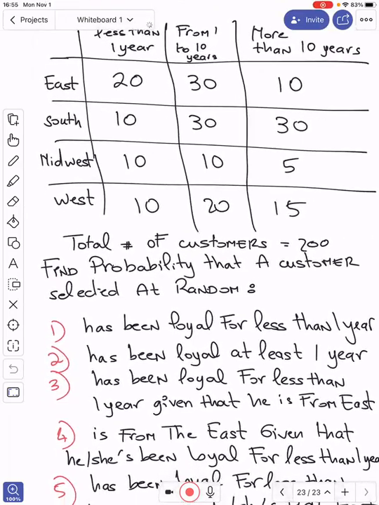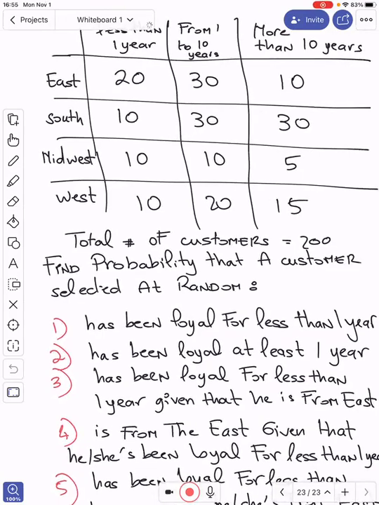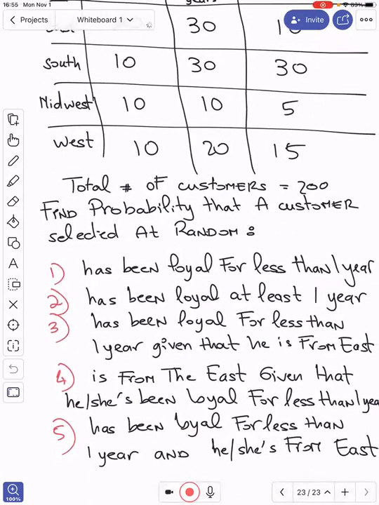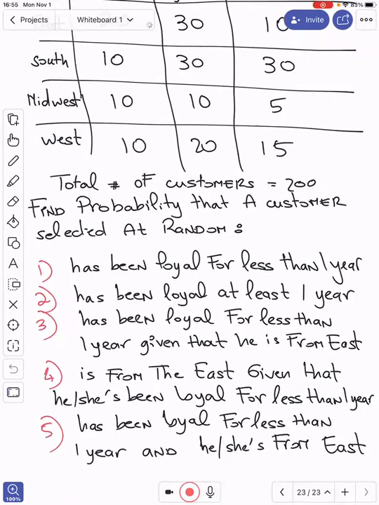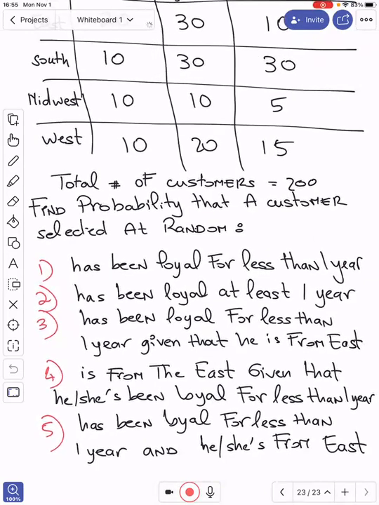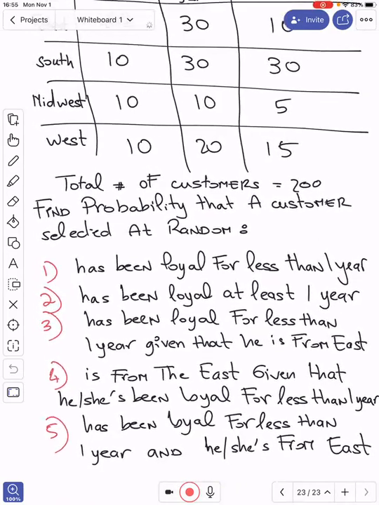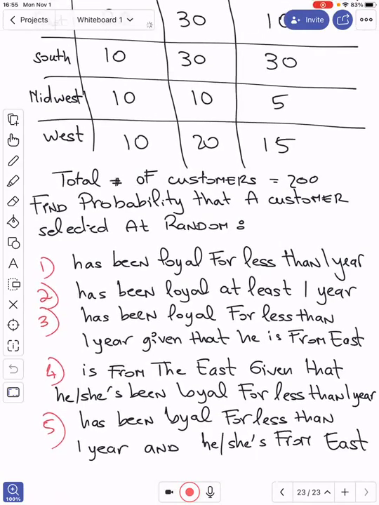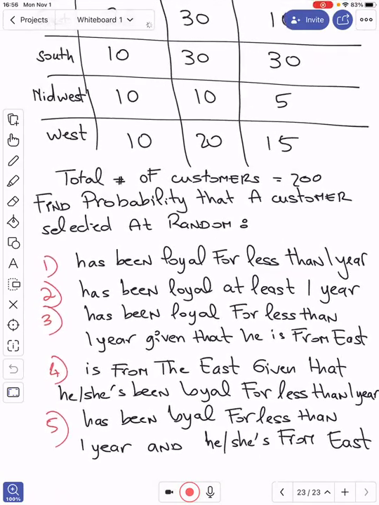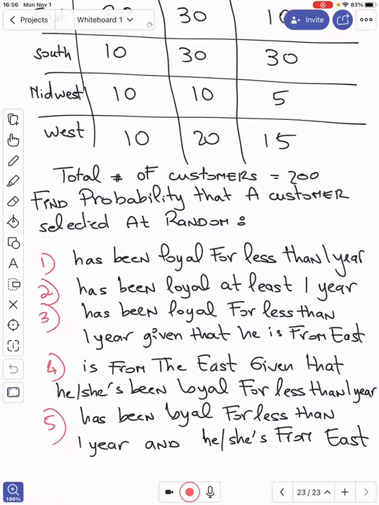It should be 10% actually for number five. I had added up East, South, Midwest, and West. That was my mistake. Everything up from the East. Yeah, from the East. Right. Absolutely.